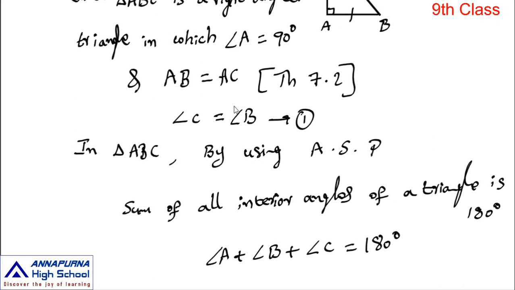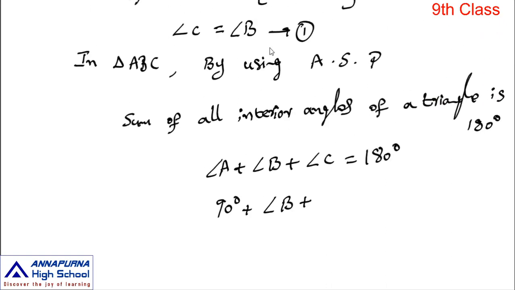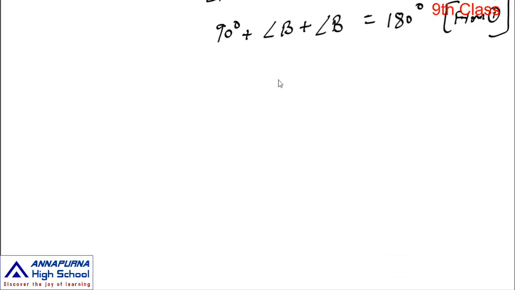Substitute angle A is equal to 90 degrees: 90 degrees plus angle B plus angle C. Substitute angle C is equal to angle B from equation 1. So 90 degrees plus angle B plus angle B, 2 angle B is equal to 180 degrees.